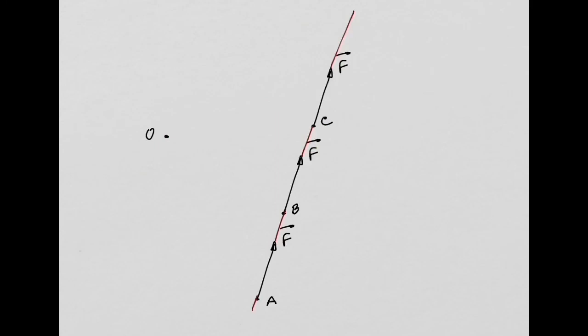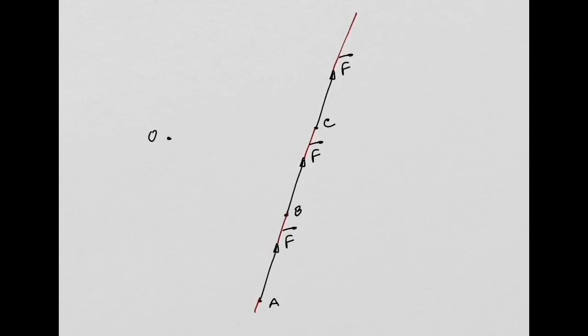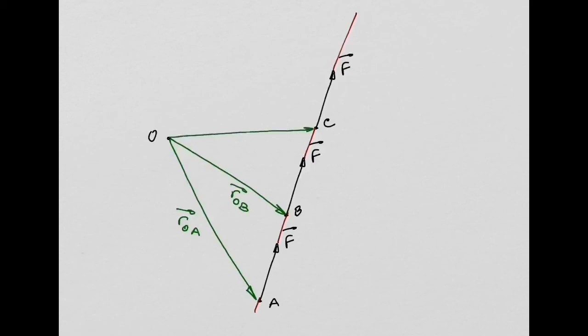And then what I'm going to do is define these position vectors. I'm going to define the vector ROA, connecting point O to point A, which is the application point of the force. I'm going to define another position vector ROB and another position vector ROC. Okay? So I have this force F applied at 3 different points, and in order to calculate the moment about O produced by these 3 forces, I will have these 3 position vectors.